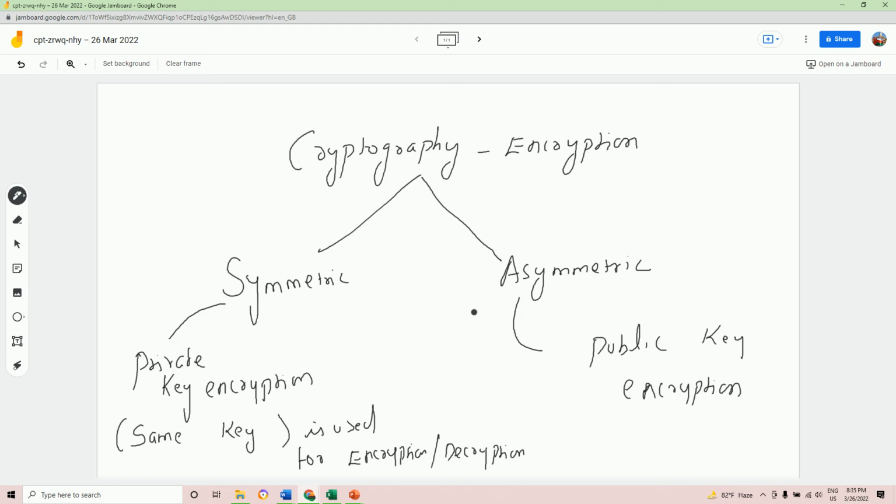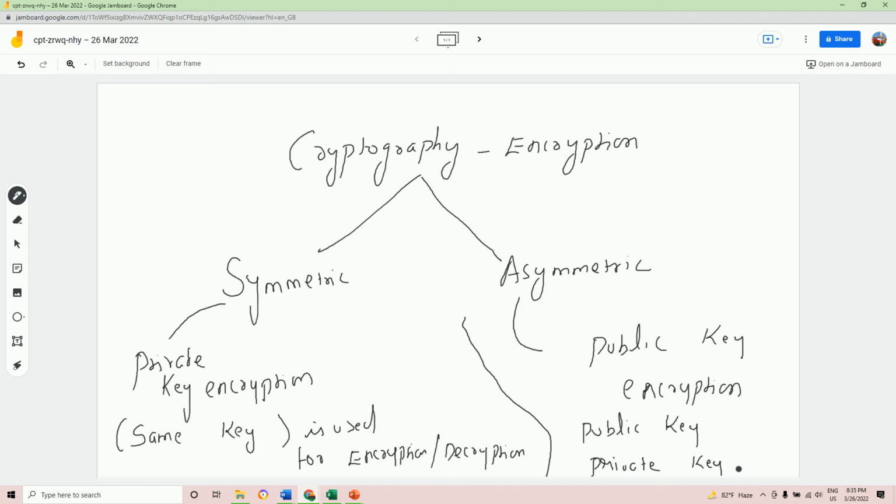In the public key encryption, or you can call it asymmetric, there are two keys used. One is the public key and another one is the private key.